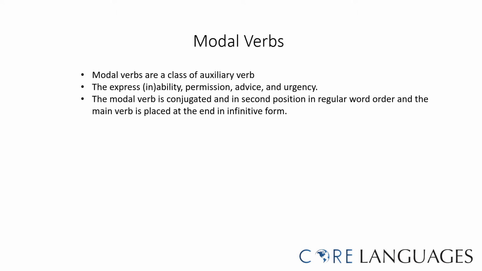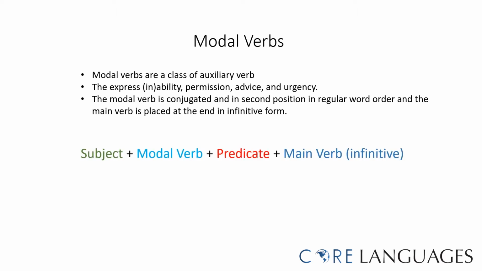In a regular word order sentence, we begin with the subject, then we have the conjugated modal verb, followed by the predicate, and then the main verb at the end of the sentence in the infinitive. For example, zum Beispiel, "Er muss Hausaufgaben machen."